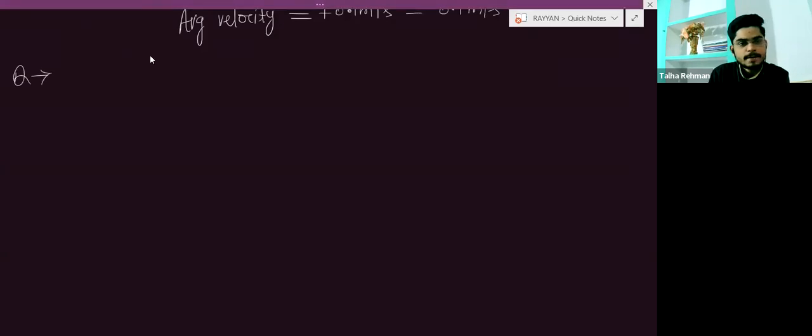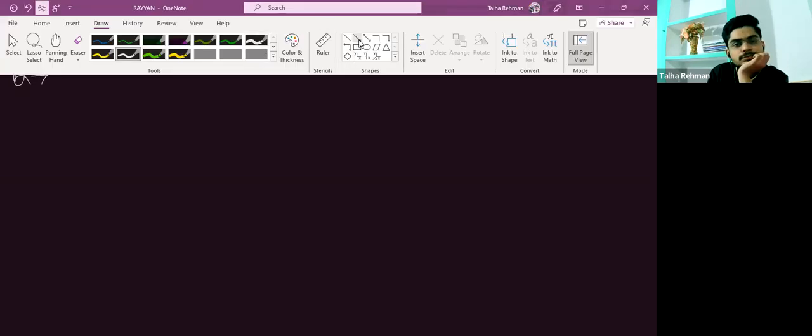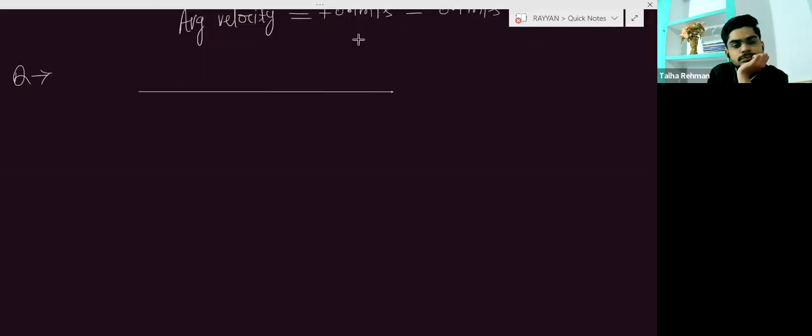Suppose a person is moving in this direction a distance of 10 meter.